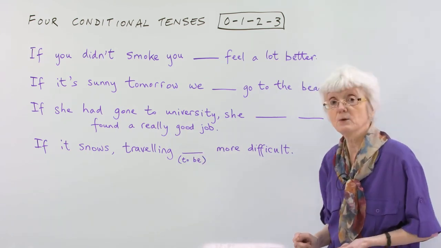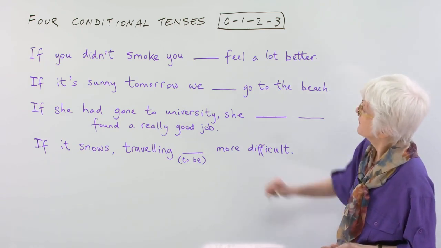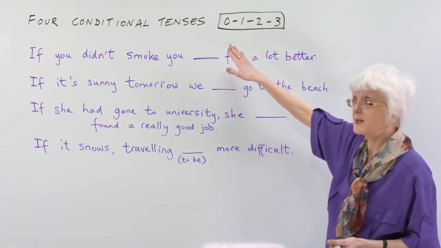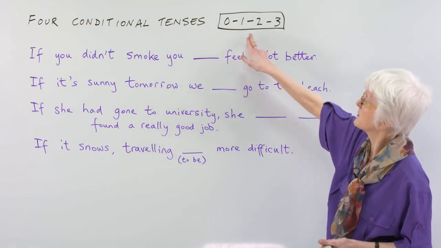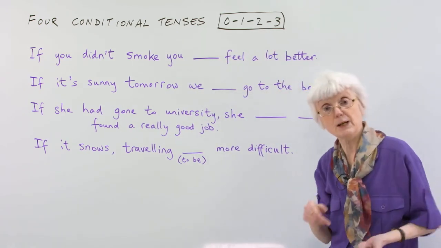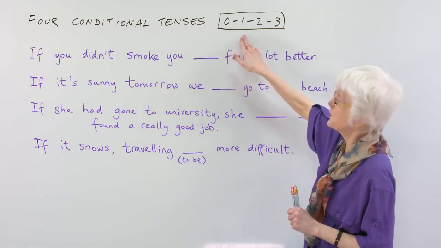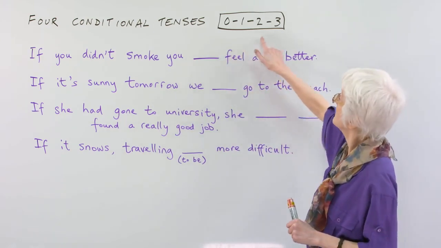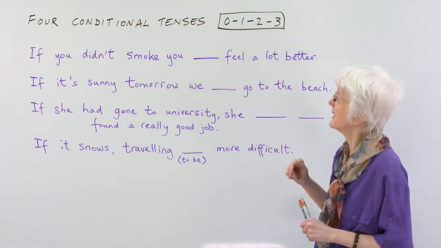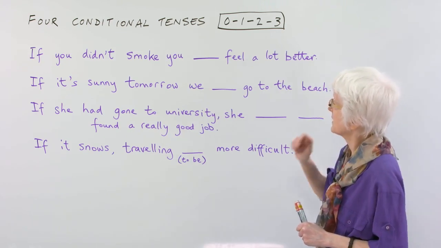Okay, so let's have a look then. So that you can probably see immediately they're not in this order. I have deliberately put them in a different order so that you don't know which one is which. Okay, so let's have a look.